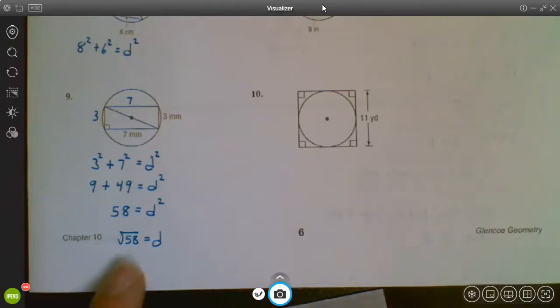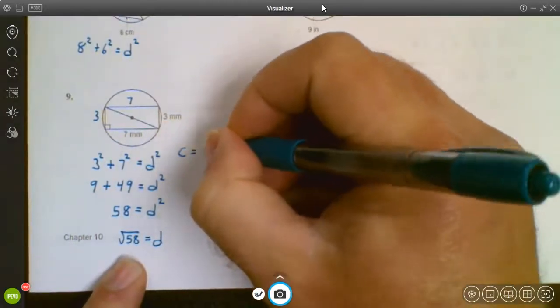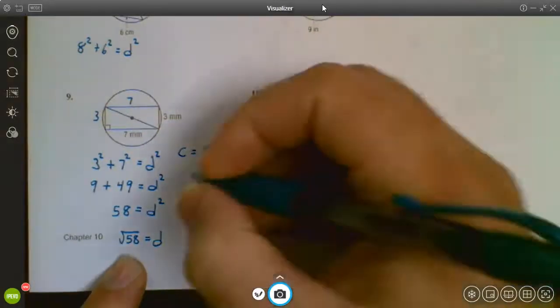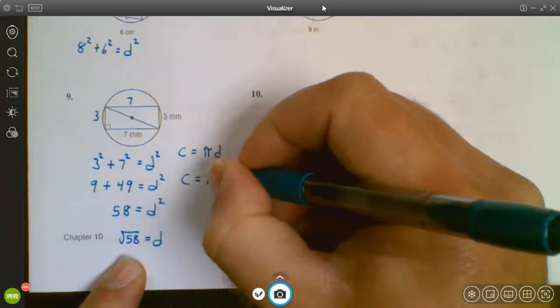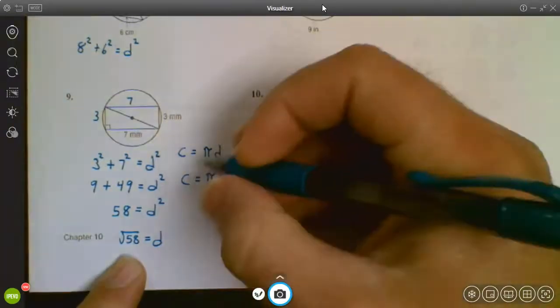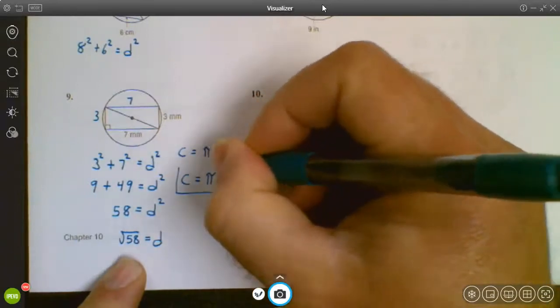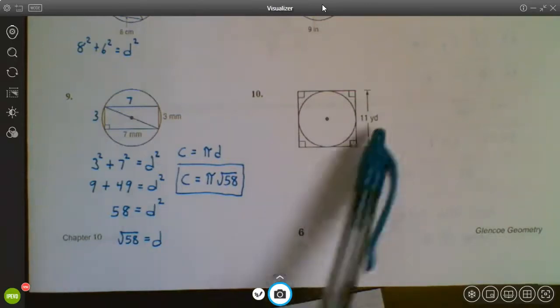So in this case, let's go back to our formula. I can now replace my diameter with the square root of 58. And that's it. So that would be an exact answer. Of course, if the directions said round it to something, then we would type that into a calculator and round it. All right, here's the last one.